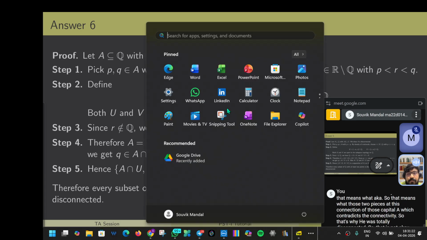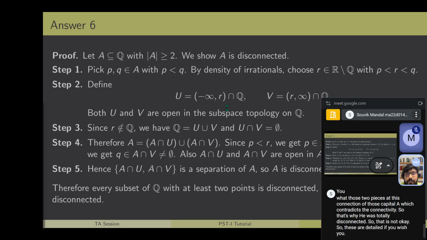So this is the detailed proof. If you wish, you may go through the proof. I'm waiting for a few more minutes. Please think about it and see the solution and let me know so that I can go to the next problem.